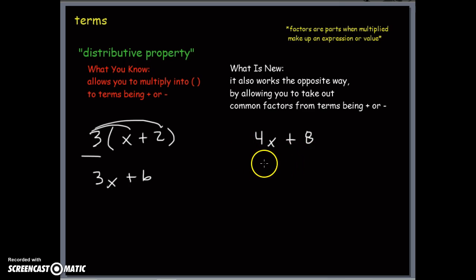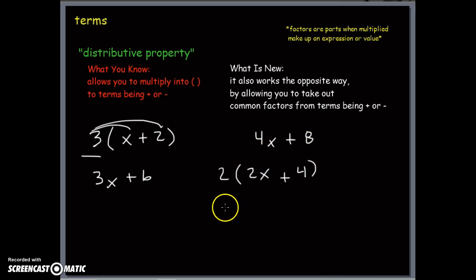So you're trying to think, okay, what could have been distributed into the parentheses to get 4x plus 8? There's a couple things, right? You could have had originally 2 times 2x, which would give you 4x, plus 4, which would give you 8. So we could factor out a 2 from 4 and 8.